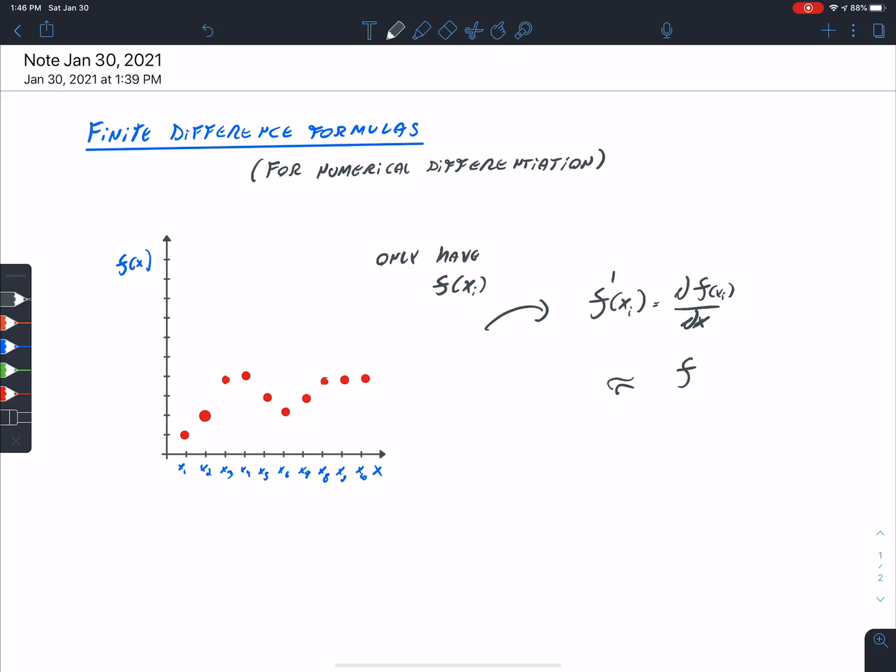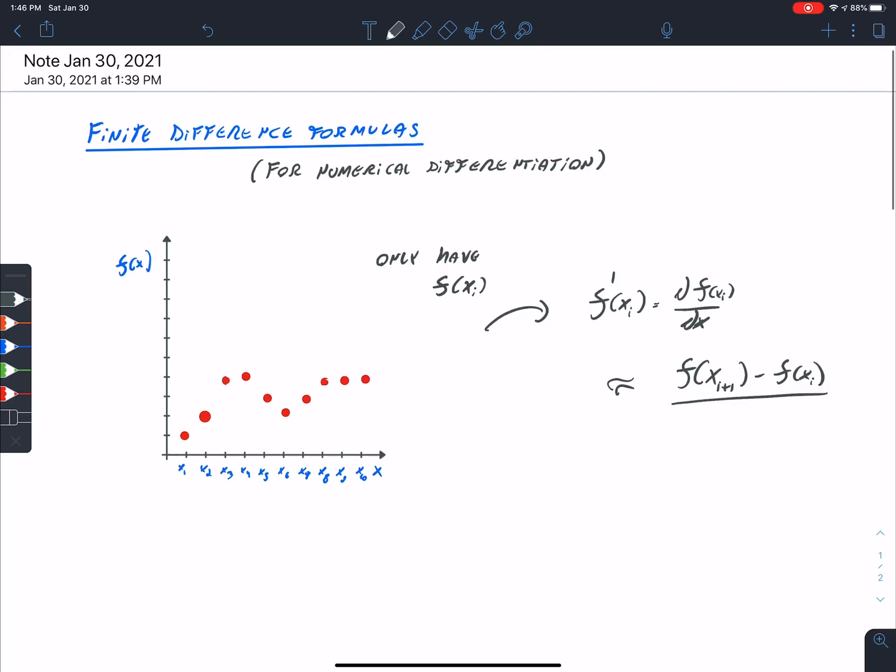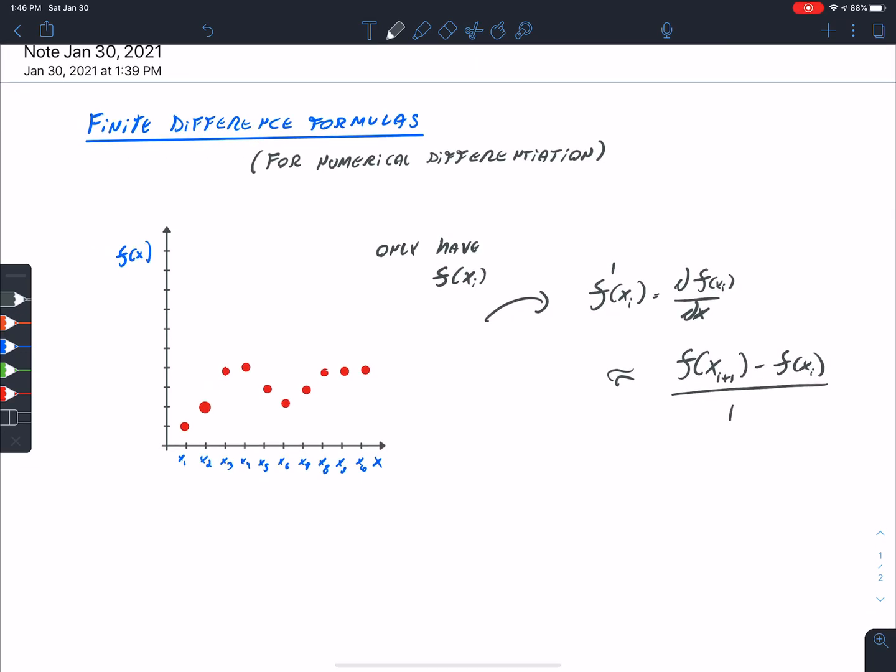For example, one of the formulas was the forward difference formula, f of xi plus 1 minus f of xi, and of course you divide by our increment h, where h was xi plus 1 minus xi, right? This was the so-called forward finite difference formula we covered in the past video. And the point of this video is to show how formulas like this one and other ones can come about.